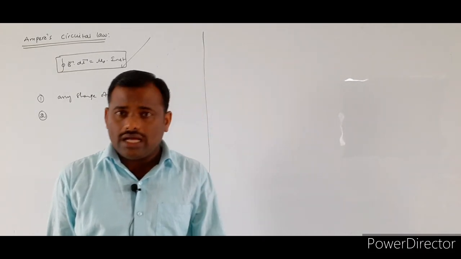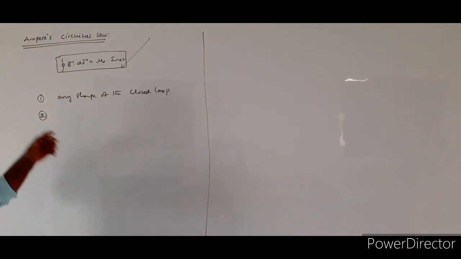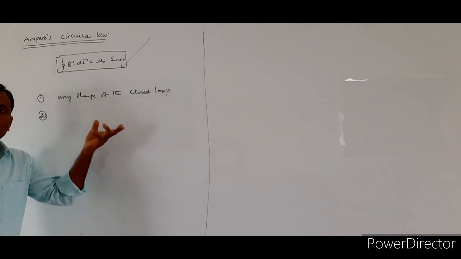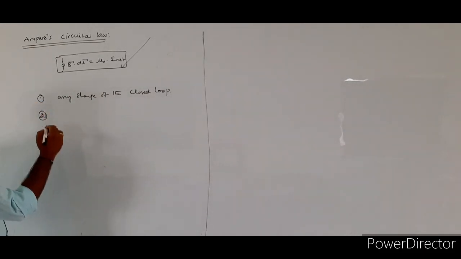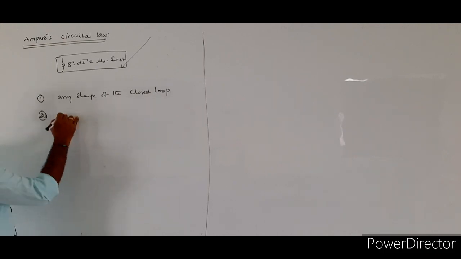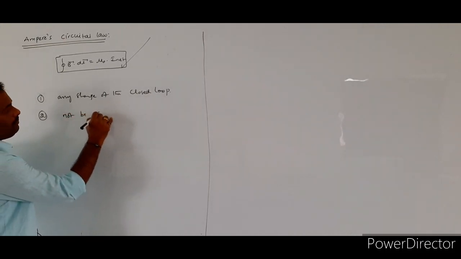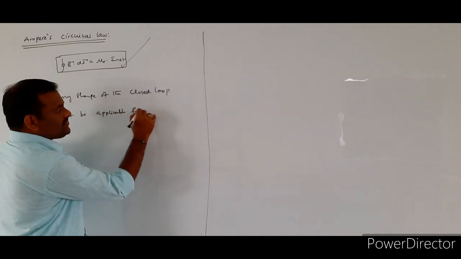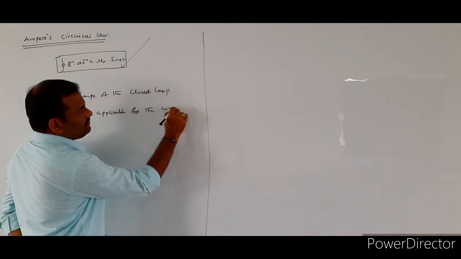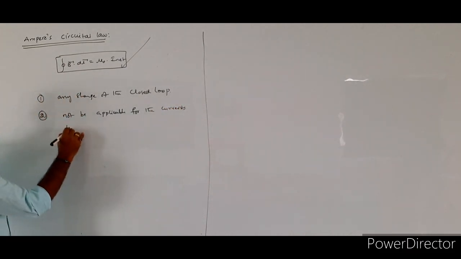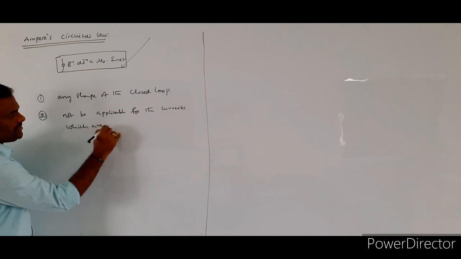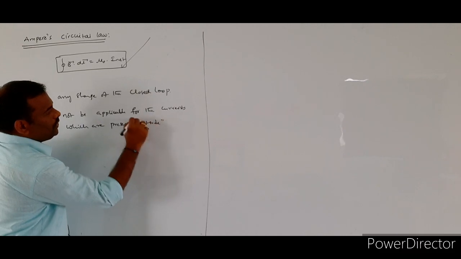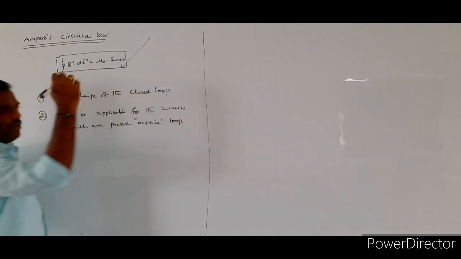While calculating the resultant magnetic field due to the currents passing through the closed loop, Ampere's circuital law should not be applied for the currents which are present outside the closed loop.